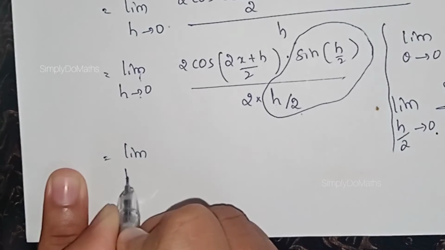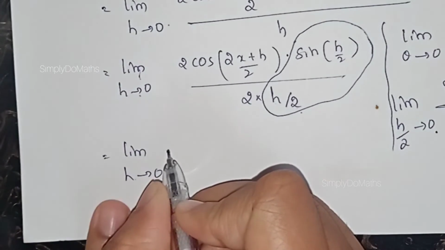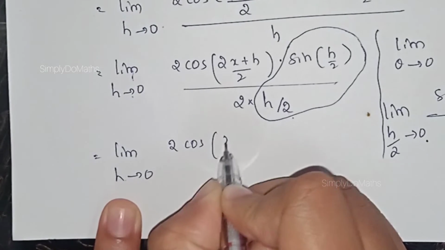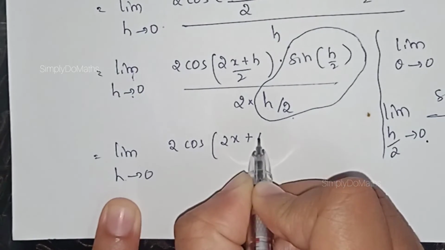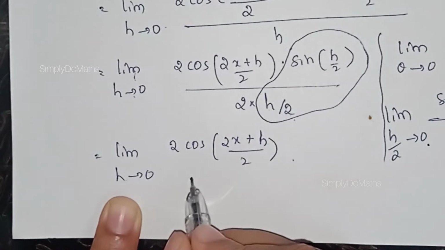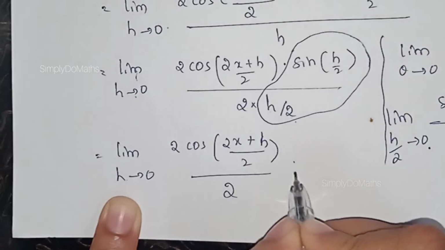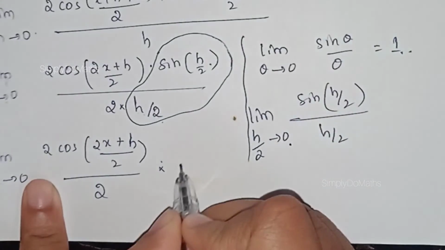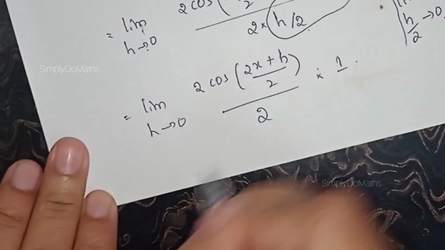So limit as h tending to 0, the term is 2 cos of ((2x plus h) divided by 2), whole divided by 2 is there, and this term is tending to 1, right? So into 1 will come this term.